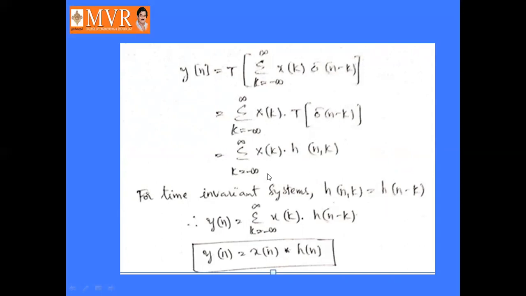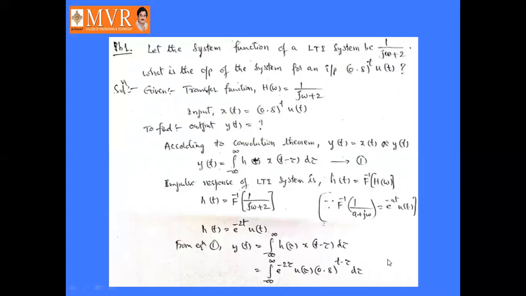So replace h of n comma k by h of n minus k. Then sigma k equal to minus infinity to infinity x of k into h of n minus k is nothing but the convolution of x of n and h of n. So y of n becomes x of n convolved with h of n.